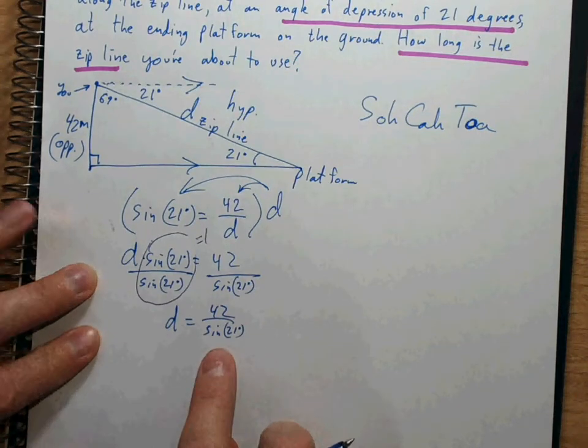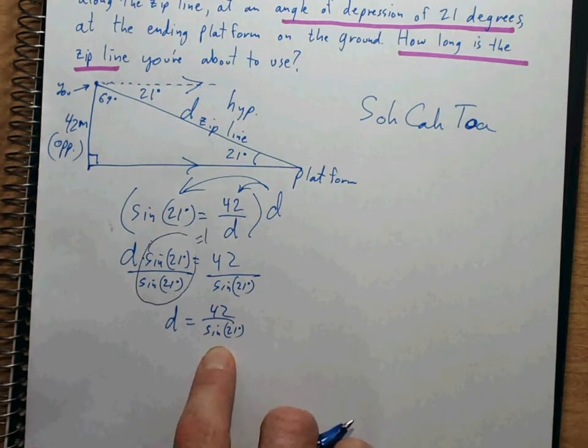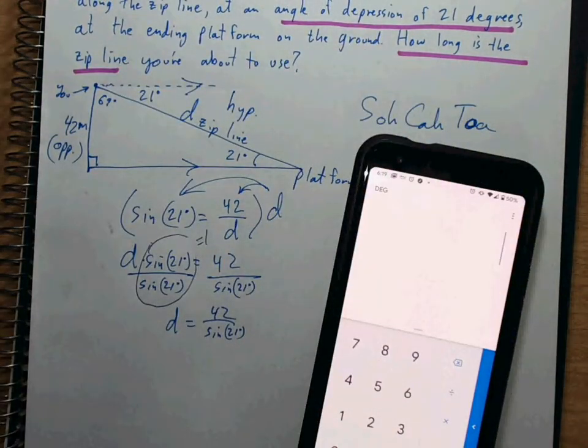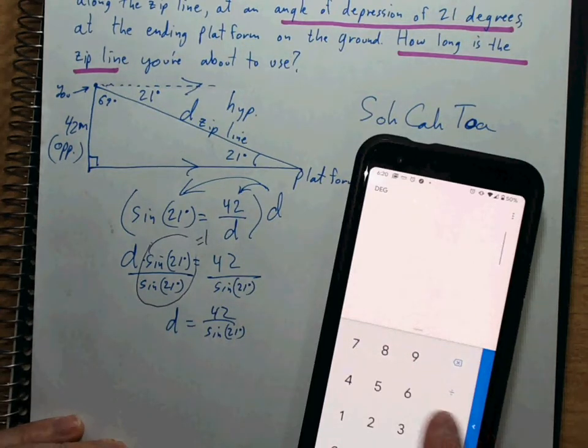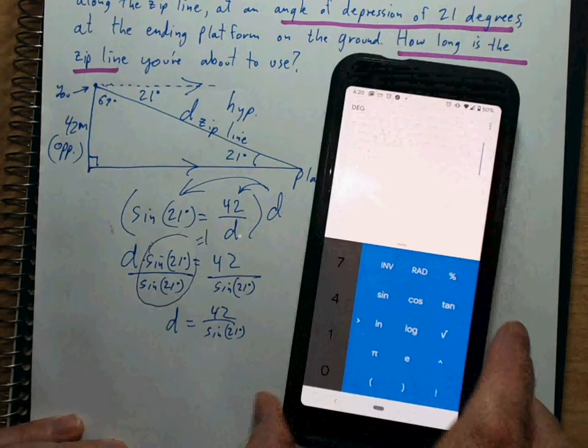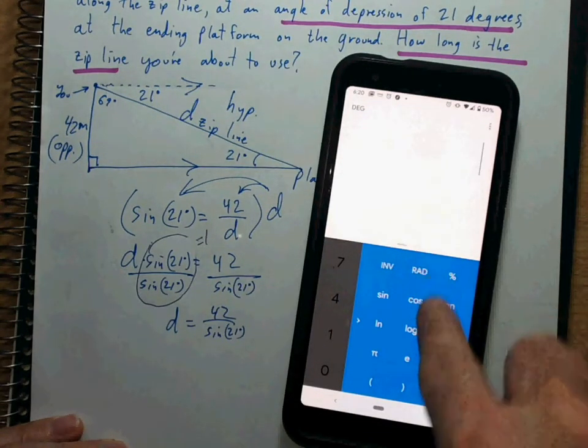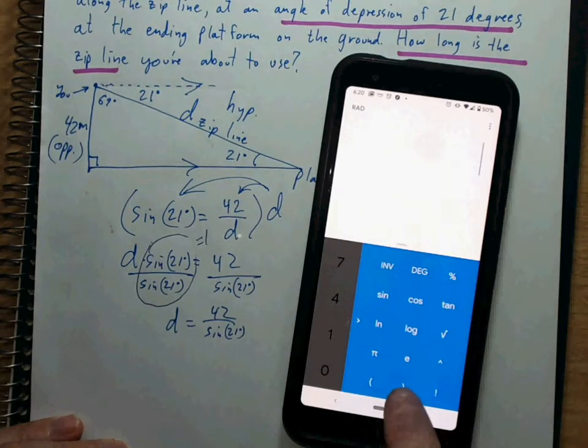But usually we want a decimal approximation. Okay? So if I take out my calculator and I try to figure out what sine of 21 degrees is, right? I have an Android phone here. Now notice it says rad here. That means I'm in degrees. So that's what I want. If I click on rad, then I'm in radians now.